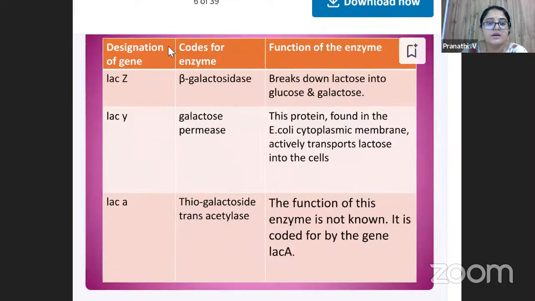In this, beta galactosidase breaks down the lactose into glucose and galactose. Lac Y is the galactose permease, the enzyme that actively transports the lactose into the cells. And Lac A codes for thiogalactoside transacetylase.